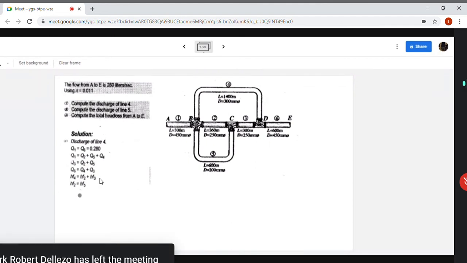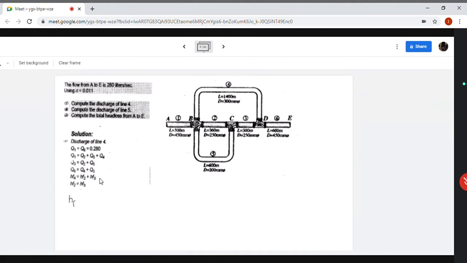Head loss is equal to 10.29 n squared L q squared over d to the 16 over 3.